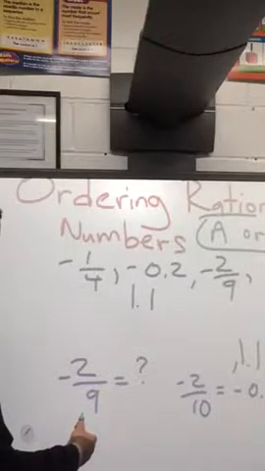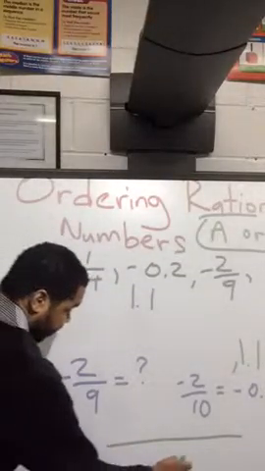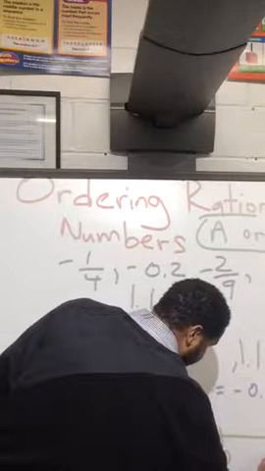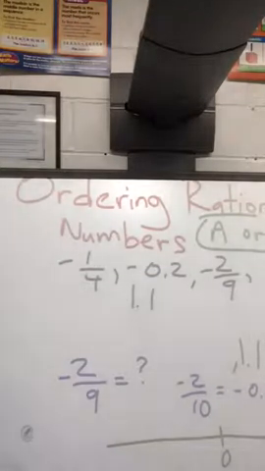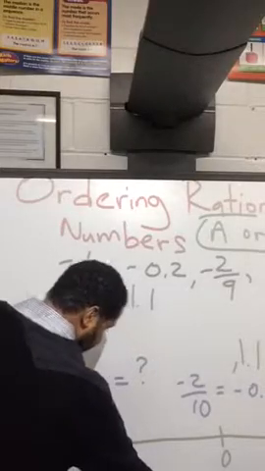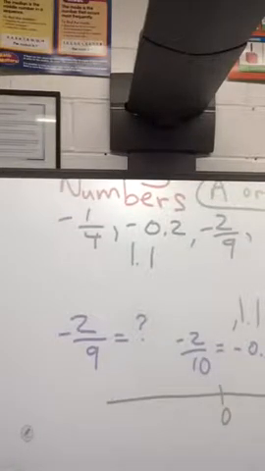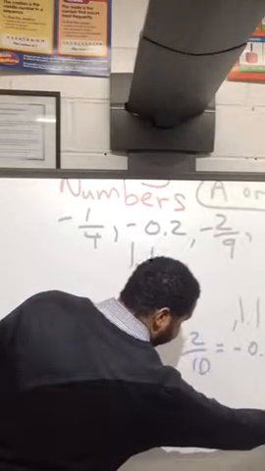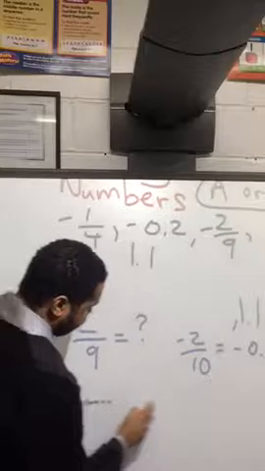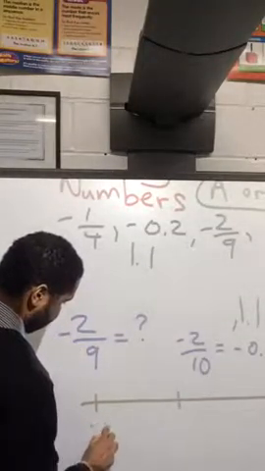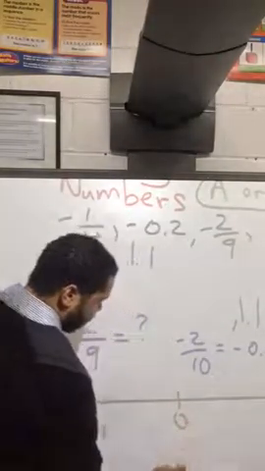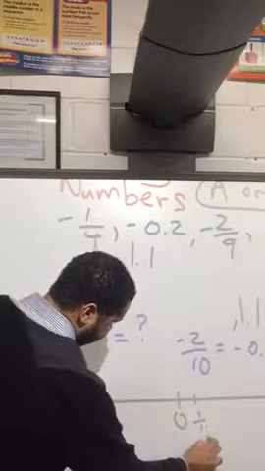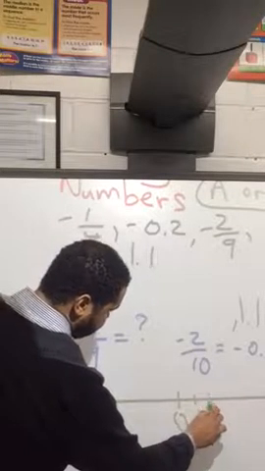And the way you would see that is you look at 0, and let's do the positive for now. 0, 1. Let's look what's happening on the right first, before we talk about the left. So this is -1, this is 1, this is 0. If 1/10 is going to be here, 2/10 would be about here.